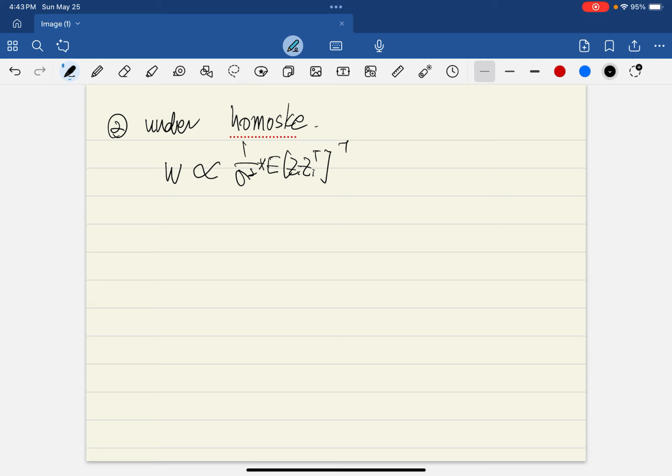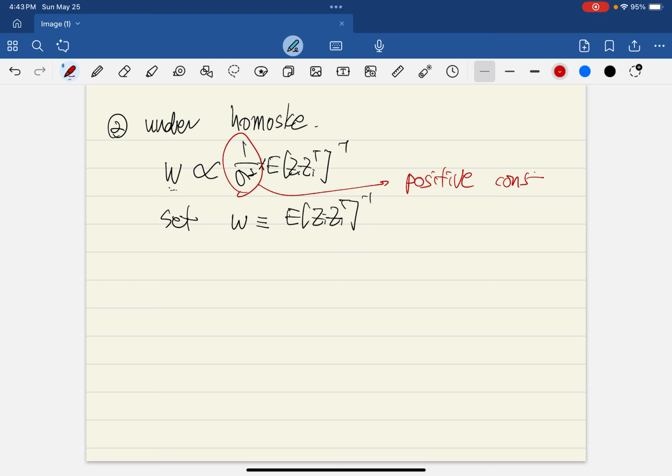So your optimal weight is just required to be proportional to this guy. That means you can set W as its inverse, because this is a positive constant. It's not required.